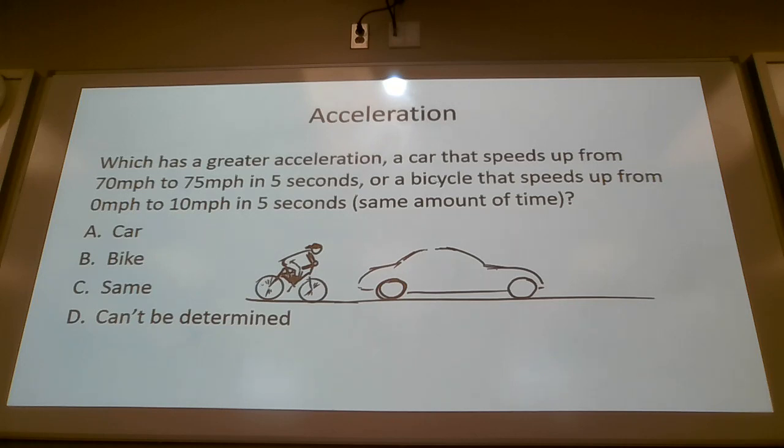The bike? It's going so much slower. Why do you say the bike has a greater acceleration? Okay, it's not about how fast it's going, it's about how quickly the velocity is changing. Are we seeing that? Okay.